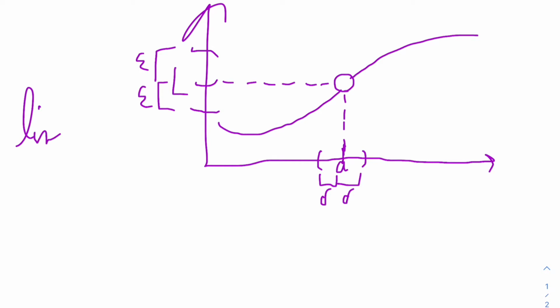So let's say we have the limit as x approaches a again of f of x equals L. And again, all this is saying is that as x approaches a, f of x approaches L, right? Meaning all the limit statement is saying is that if we are sufficiently close to a, then f of x becomes sufficiently close to L.